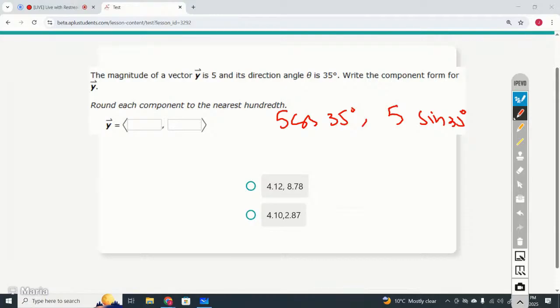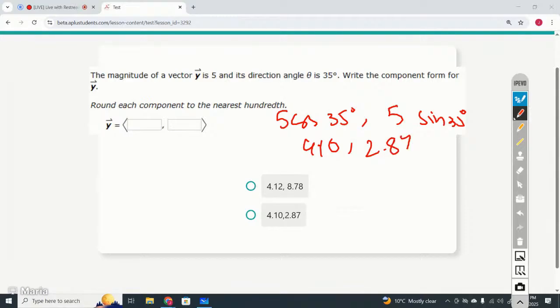So 0.8191 times 5, that equals 4.10. And sin 35 is 0.5735, and multiply by 5, that is 2.87.